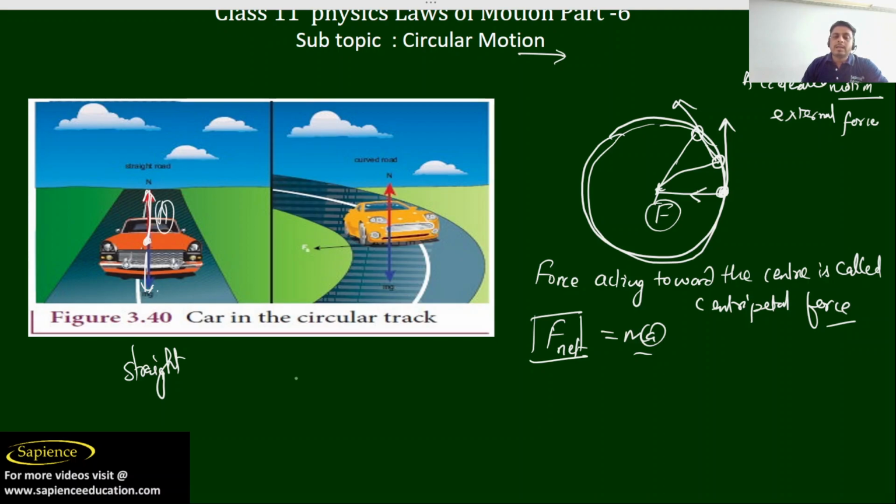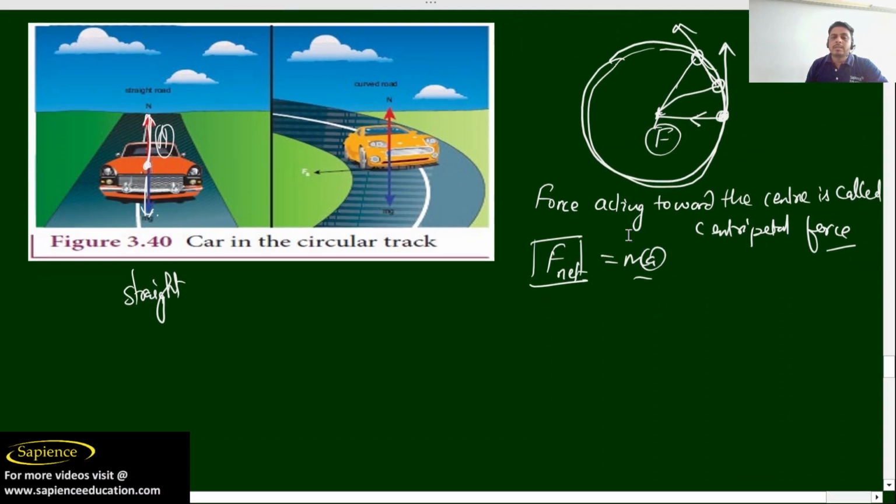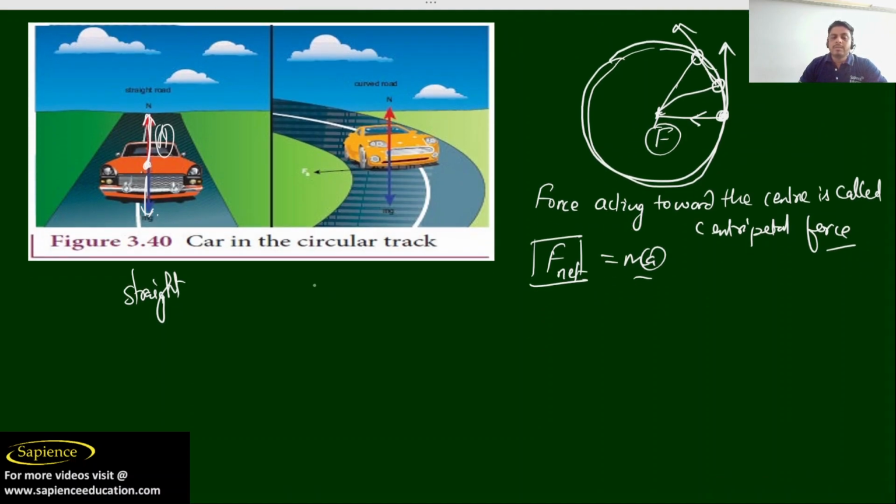But when it moves in a circular path, see the second figure, a circular track, a car moving on a circular track has a normal reaction force, and mg in the downward direction.